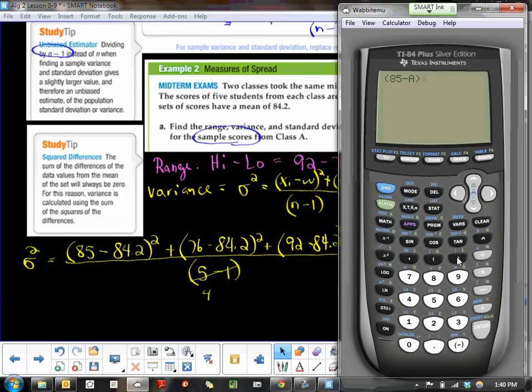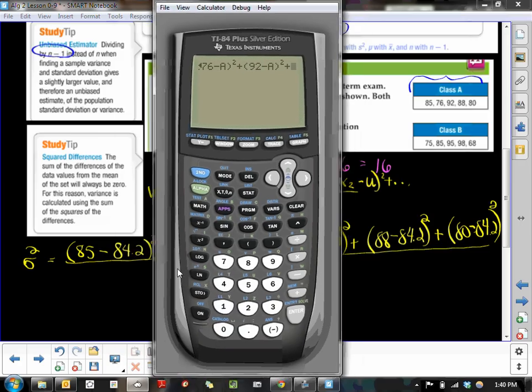So parenthesis, squared. We want to add that to our next data score, which is 76, and we want to subtract from that our average, squared, plus, and we keep going down the line. We have 92. Get my parentheses in there. 92 minus our average, squared, and plus, and then I needed an 88.